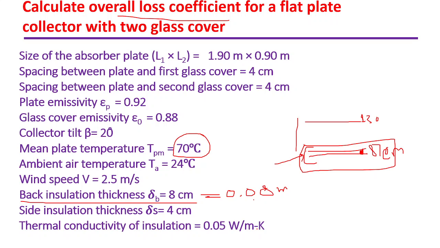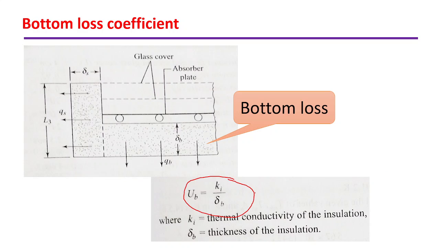Then we will be able to calculate the bottom heat loss coefficient. Here Ki will be 0.05 watt per meter Kelvin, and delta B, the thickness, is 0.08. Now solve it for these numbers. What answer are you getting? One minute, sir.